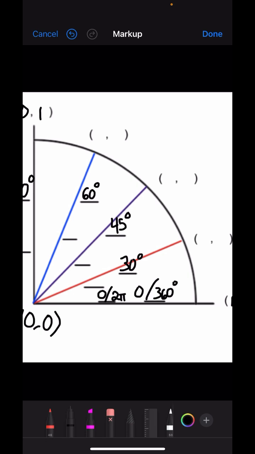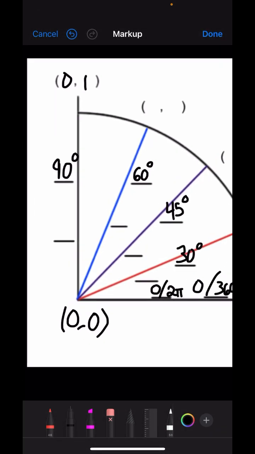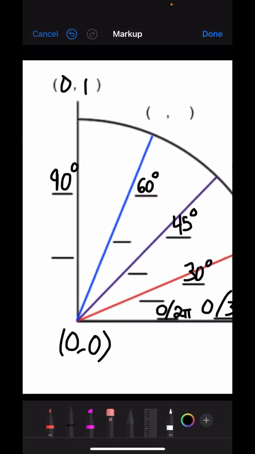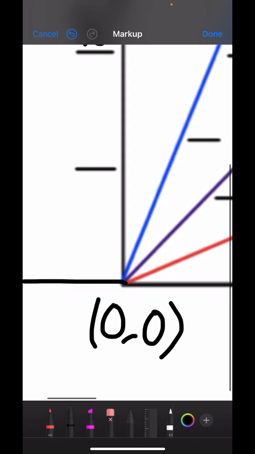Anyway, so that's that. And then, so if this is 2 pi, then that means that 1/2 of a circle would be just pi, right? Because a full circle's 2 pi divided by 2, that'd be just pi. So half a circle would be just pi.